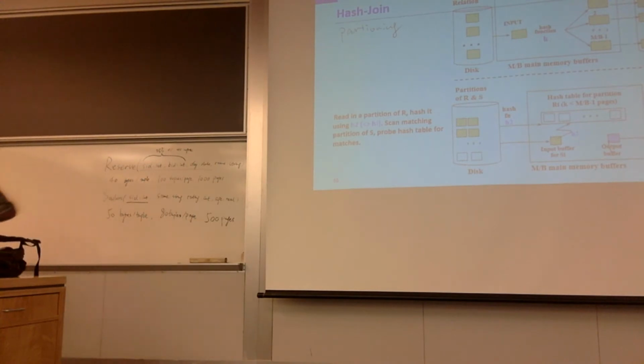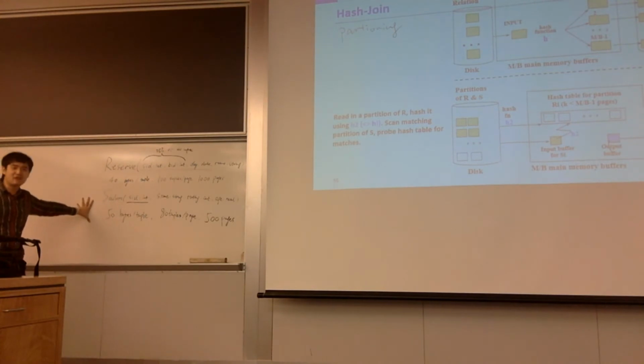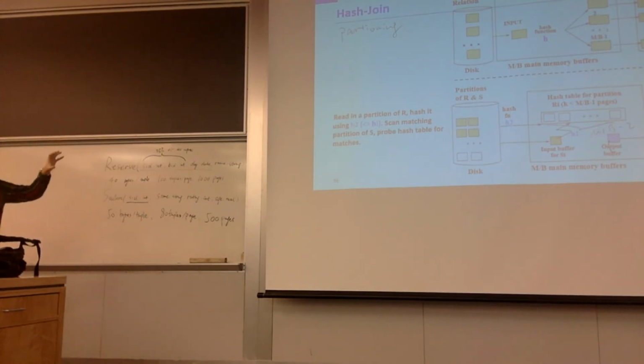Once you partition the first table, you partition the second table using the same hash function h into a set of m over b partitions. Then for each of these partitions, you bring them back into memory. Here you use at most m over b minus 2 pages for building the in-memory hash table of each partition of the first table.